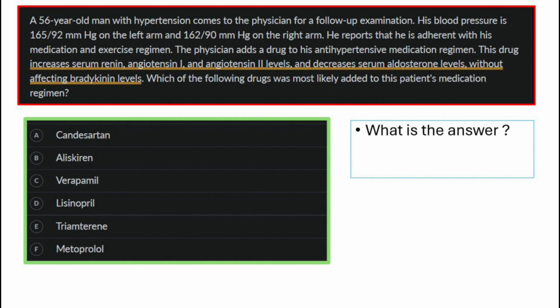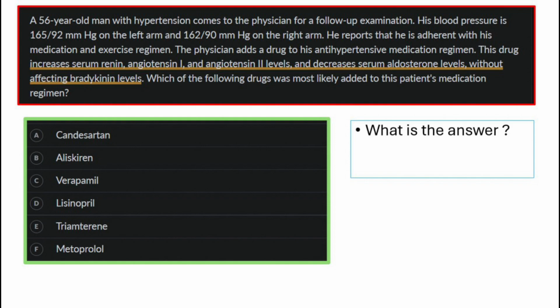The physician adds a drug to his antihypertensive medication regimen. This drug increases serum renin level, angiotensin I and angiotensin II levels, and decreases serum aldosterone levels without affecting bradykinin levels. Which of the following drugs was most likely added to this patient's medication?